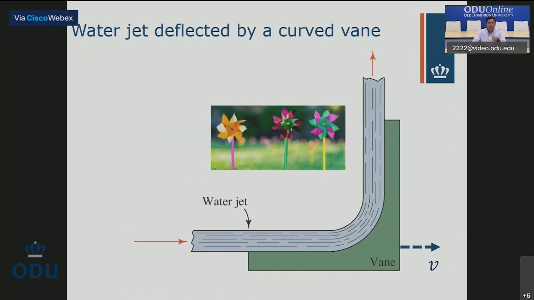So that air jet produced by your mouth hits the vane, and because of the forces that jet produces, the vane gets moved. So we use it for the pinwheel, but in this case, we blow air to make the pinwheel move.